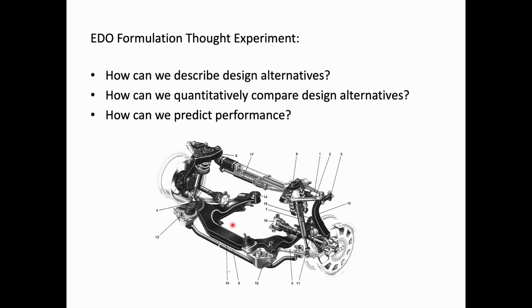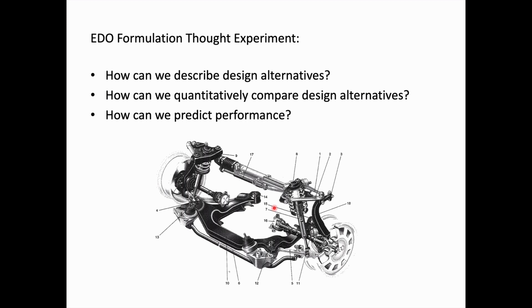We need to maintain good grip between the tires and the road. We don't want to have too much fluctuation in the force at the tire contact patch, and that'll help us have better handling. And there are lots of really interesting, complex geometric or kinematic aspects of the suspension that will affect handling and lots of other things. And then, of course, we also have the steering system. So we have all of these things that are different functions or different ways of comparing different suspension designs.